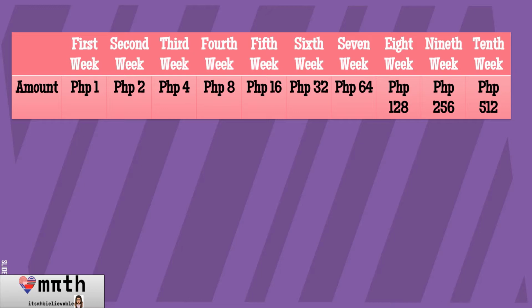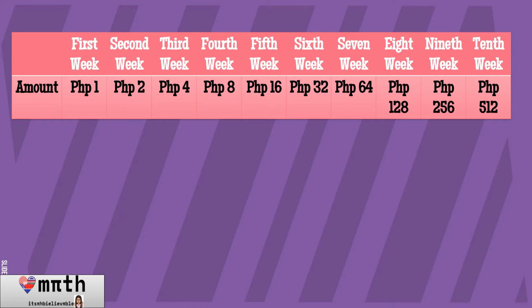As the problem says, each amount saved is doubled. So if we save 1 peso on the first week, then the amount to be saved on the second week will be 2 pesos, since we need to double up 1 peso from the previous week.